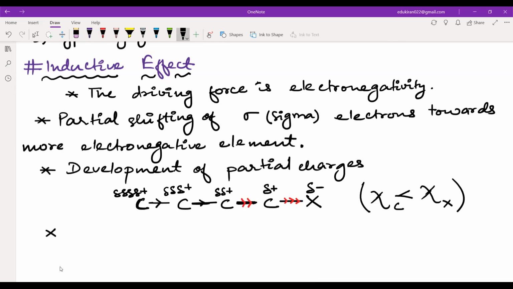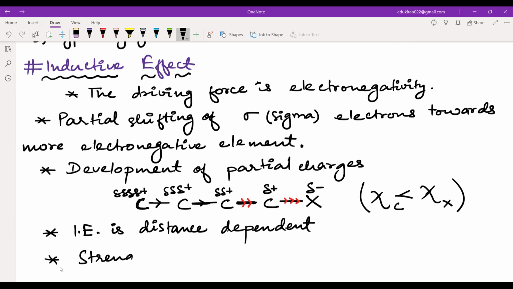So as you can see, inductive effect is distance dependent. And I can say the strength of inductive effect is inversely proportional to the distance.